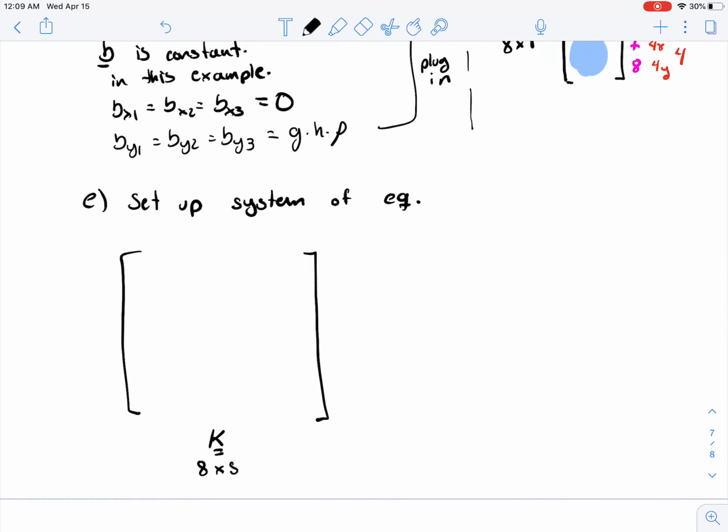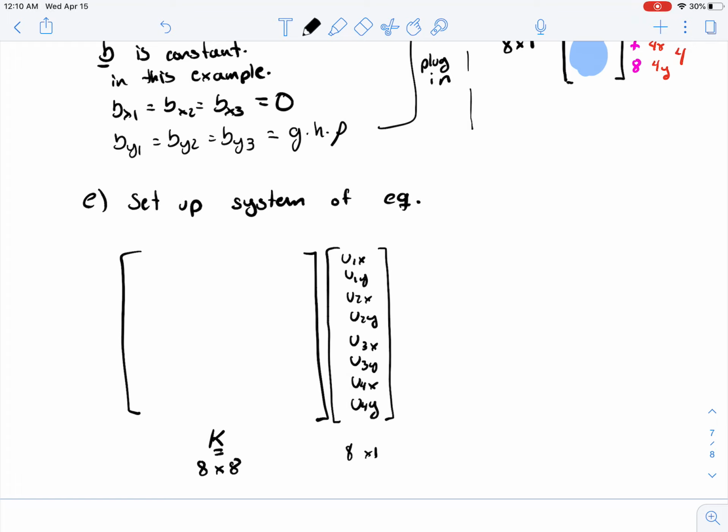So what we would end up with is a big K matrix, which is going to be 8 by 8, multiplying the displacements. Again, it's 8 by 1, and the numbering will be u1x, u1y, u2x, u2y, u3x, u3y, u4x, u4y.